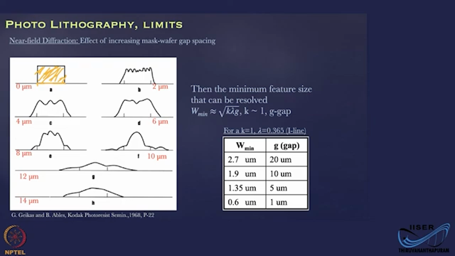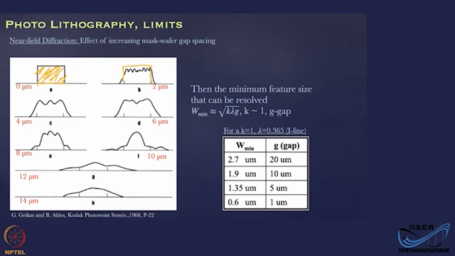Even though this is the width we have on the mask, because inevitably you'll have some really small gap between the mask and the substrate in the soft contact mode, even though you are pressing it against it, you still have a very small gap, which can come from the non-uniformity of the thickness of the photoresist or some small angle, whatever the reason, and you're also not in the hard contact mode anyway. So you're going to have this small gap.